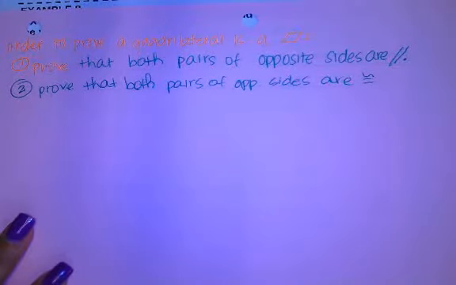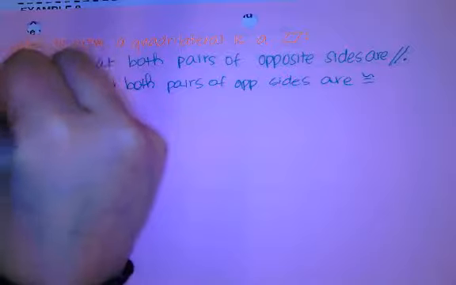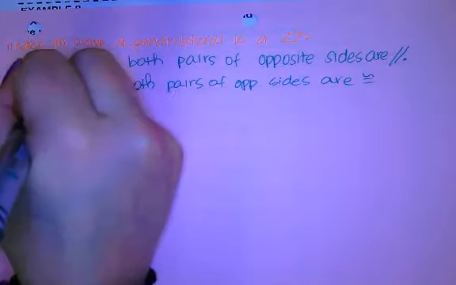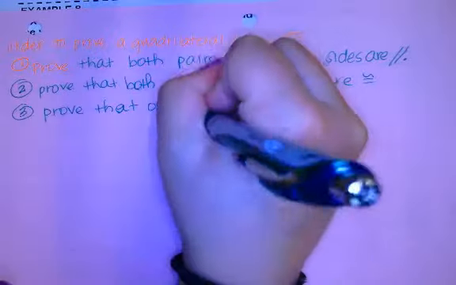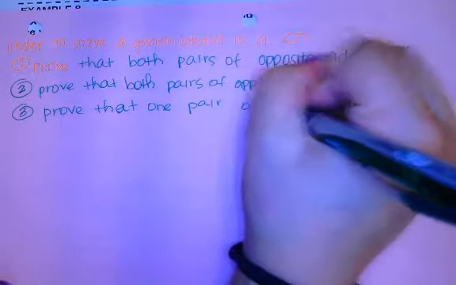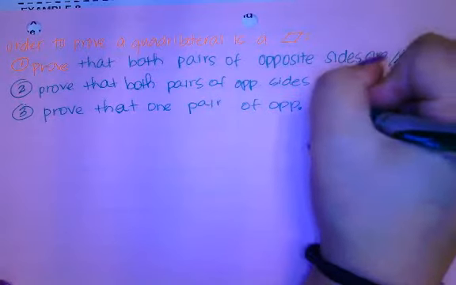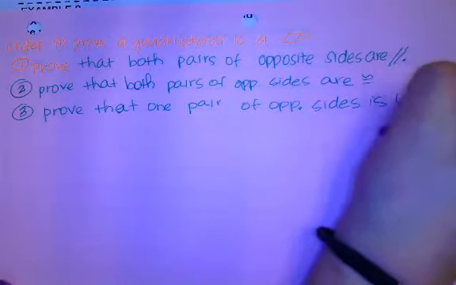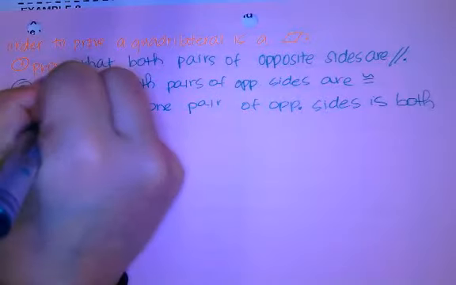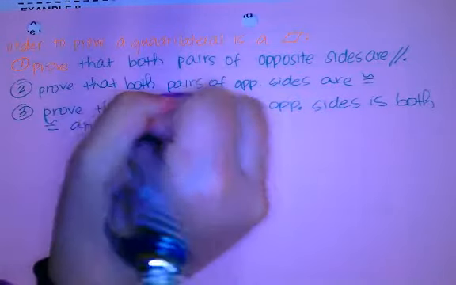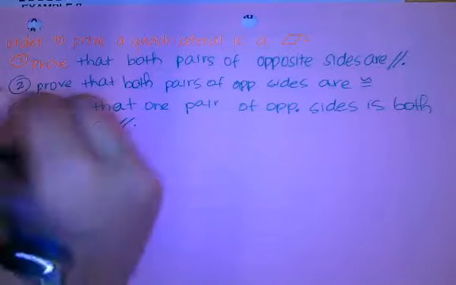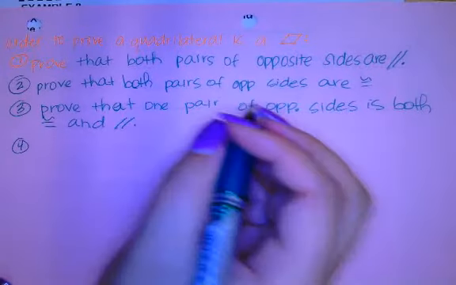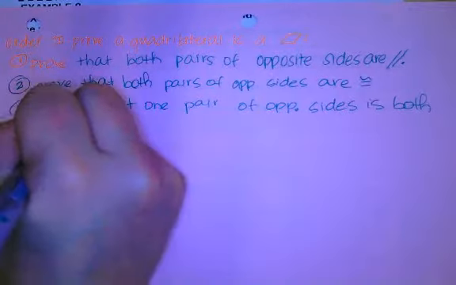The third way is that one pair of opposite sides is both congruent and parallel. And last but not least, the fourth way you can prove that a quadrilateral is a parallelogram is to prove that the diagonals bisect each other.